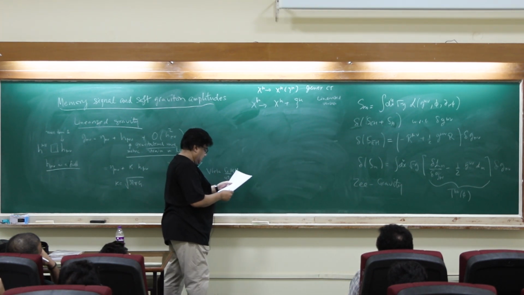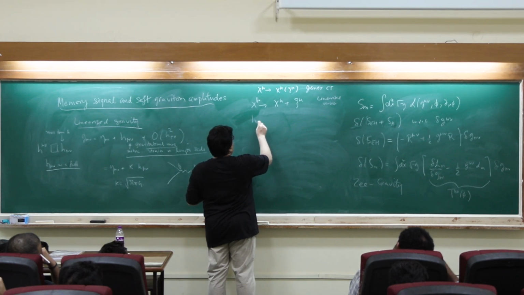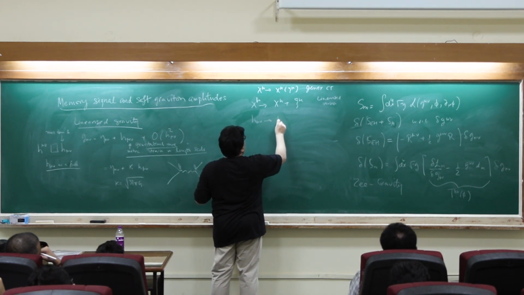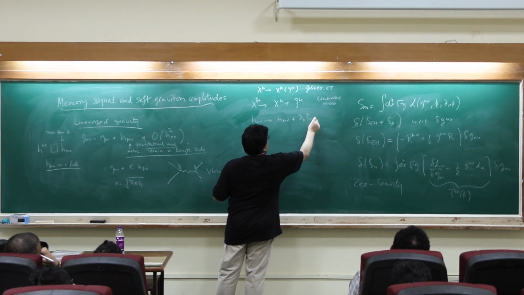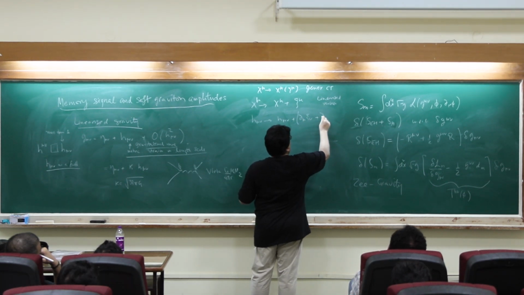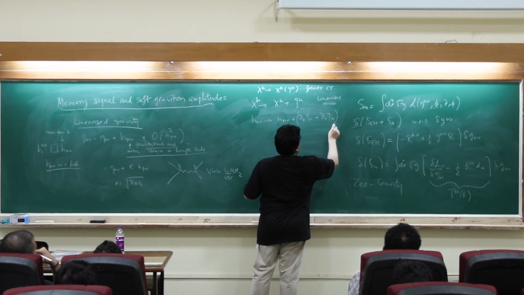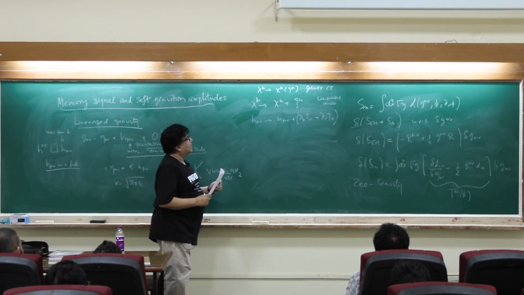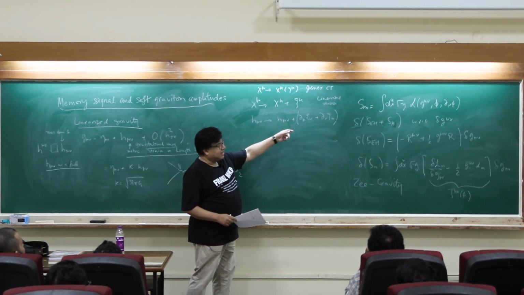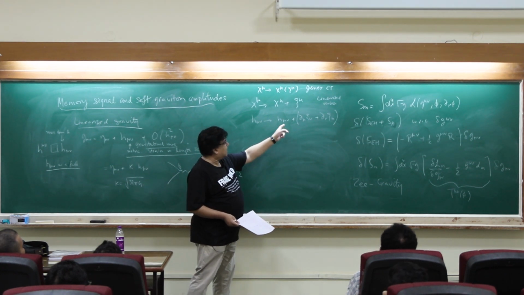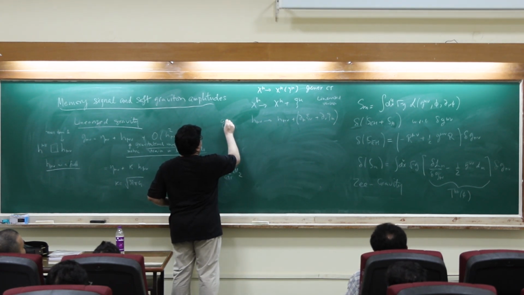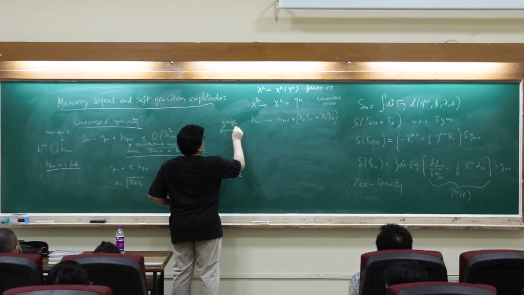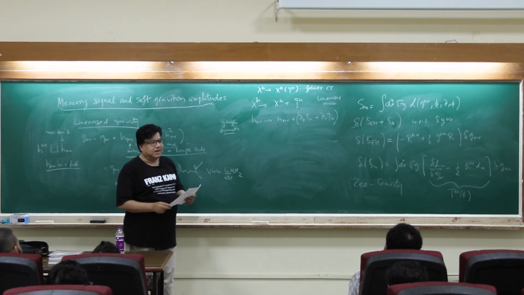And then your h mu nu will go as h mu nu plus something. So under this transformation all your Lagrangian and action and interaction has to be a symmetry. So this is a gauge symmetry for this linearized theory.